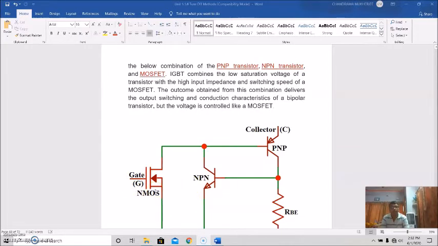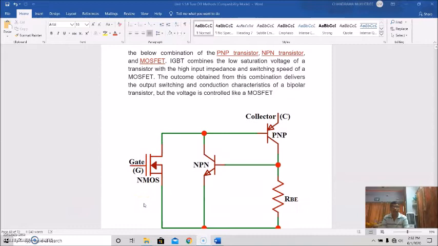IGBT combines the low saturation voltage of a transistor with the high input impedance and switching speed of a MOSFET. The outcome of this combination delivers the output switching and conduction characteristics of a bipolar transistor, but the voltage is controlled like a MOSFET.